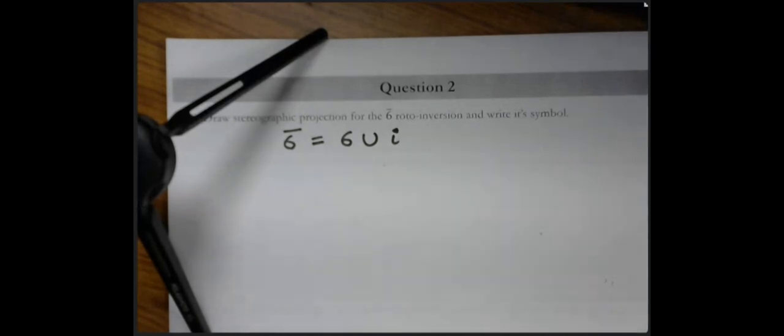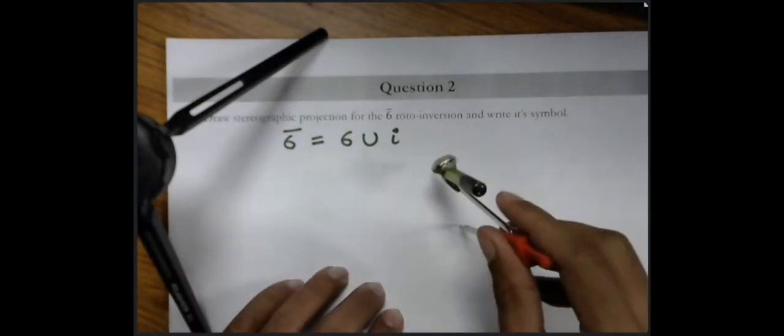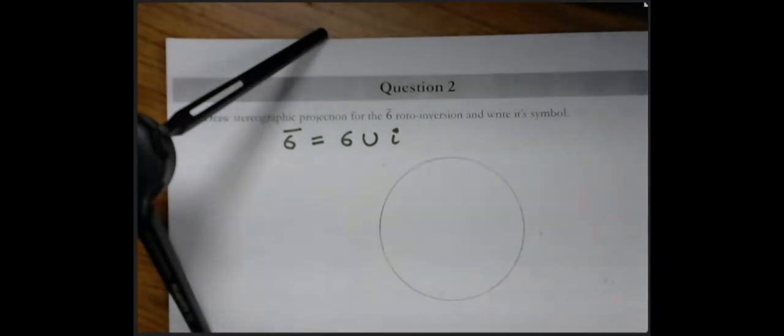So let me make a circle. Since we are talking about the sixfold, it means that we are going to rotate by 60 degrees, right?